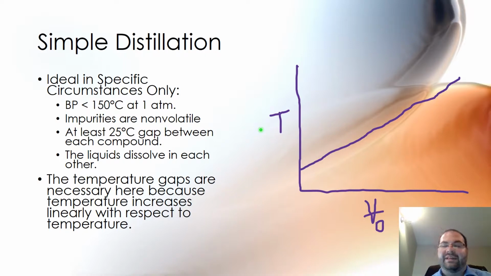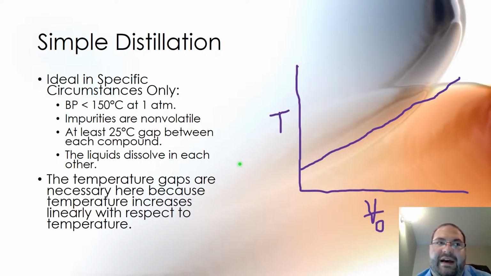That has to be the case because if you look at the temperature versus volume collected graph for a simple distillation, it generally follows a linear pattern. I'm not saying that it's completely linear. There are curves that show a very slight sigmoidal shape or even a slight cubic shape, but it's very subtle, and it looks almost entirely linear most of the time.